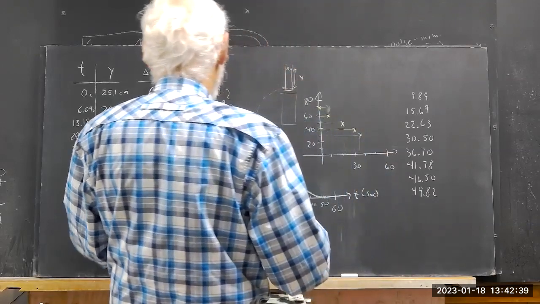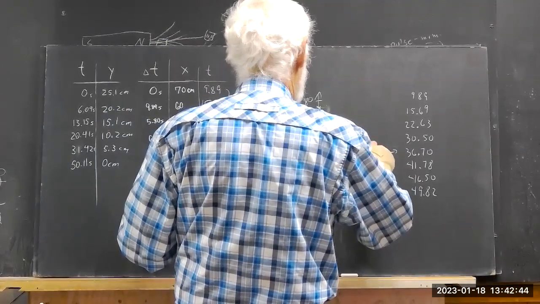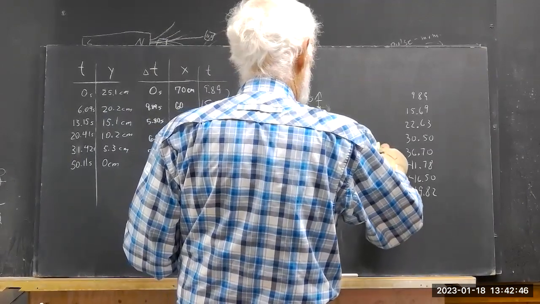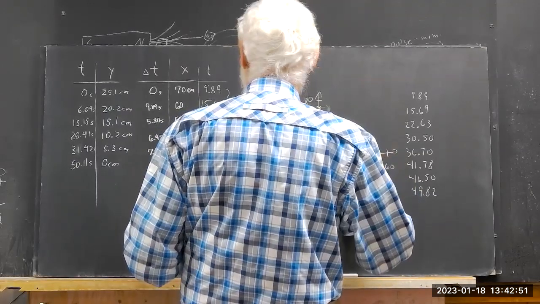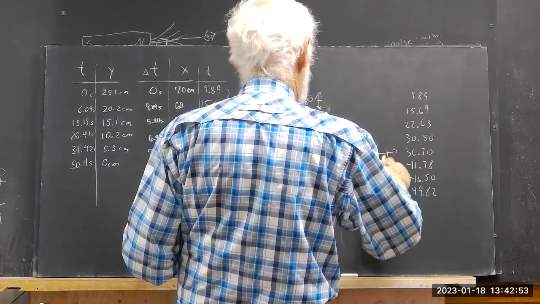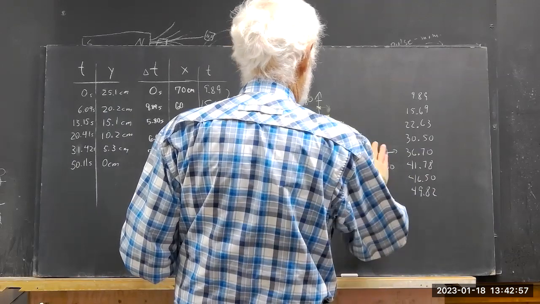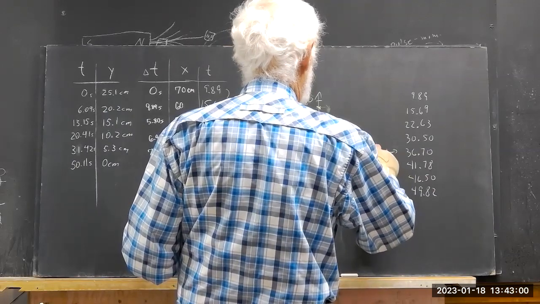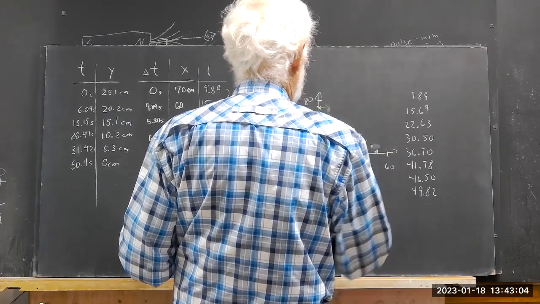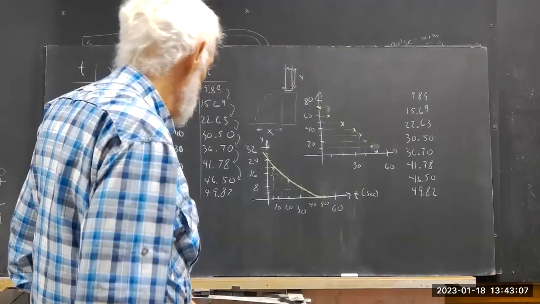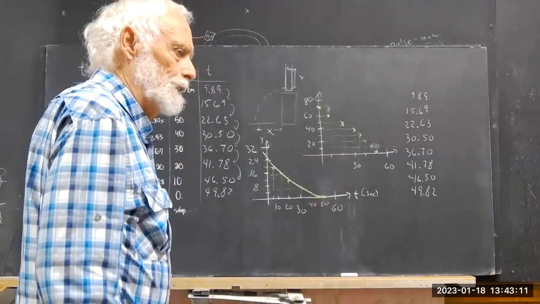Would be about here. 20 at 41.50. 10 at 46.50. And 0 at 49.82. Okay, well, that's not really all that beautiful because of the anomalies of hand sketching.